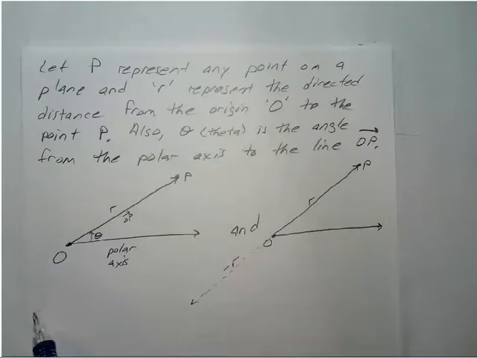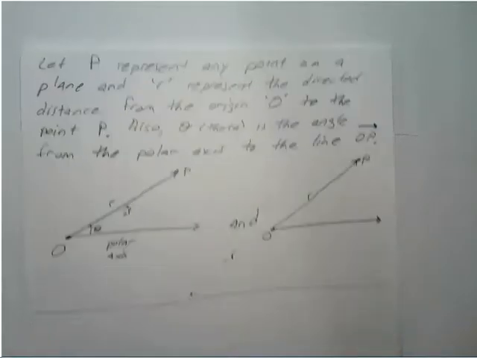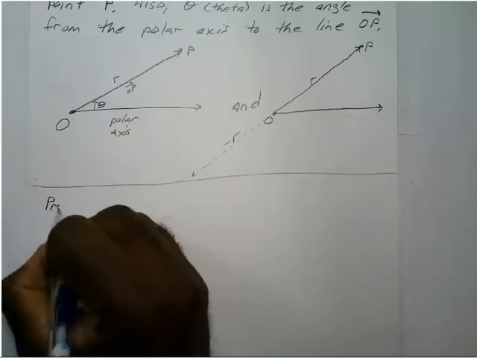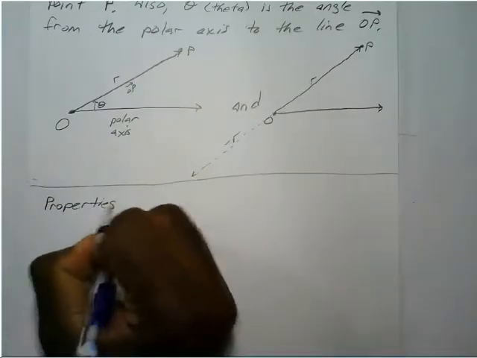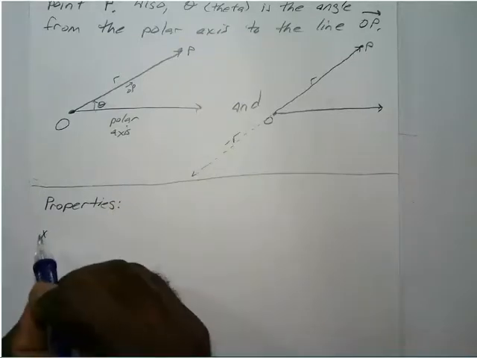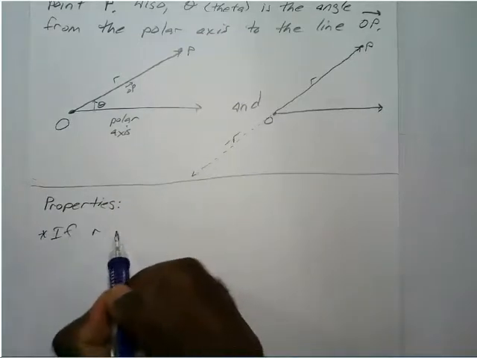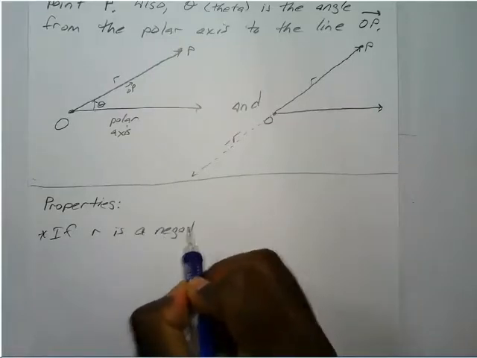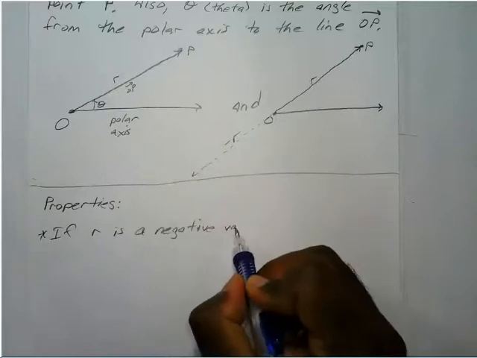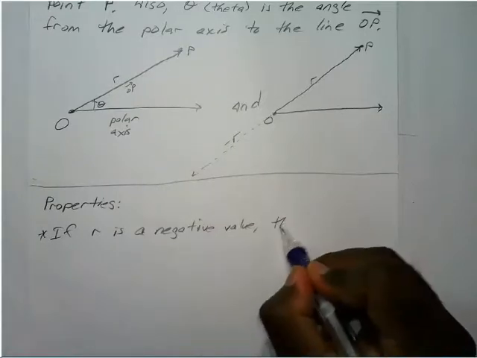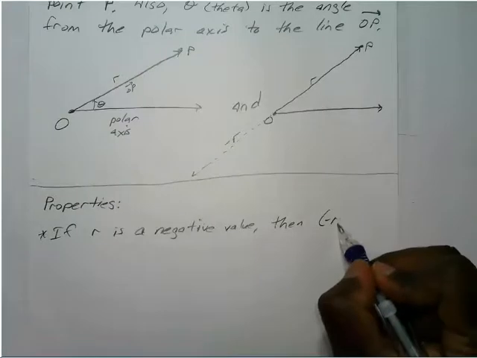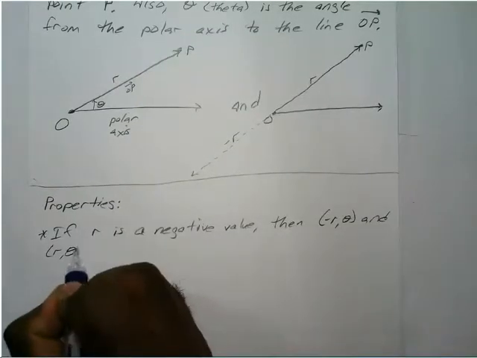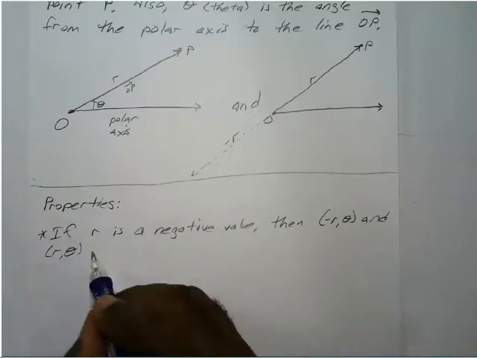Okay, so let's take a look at the properties. Let's say if r is a negative value, then (-r, θ) and (r, θ) lie on the same line.